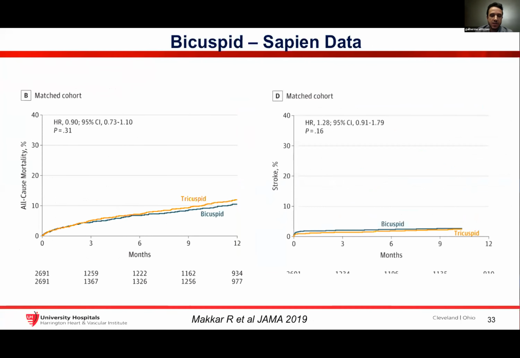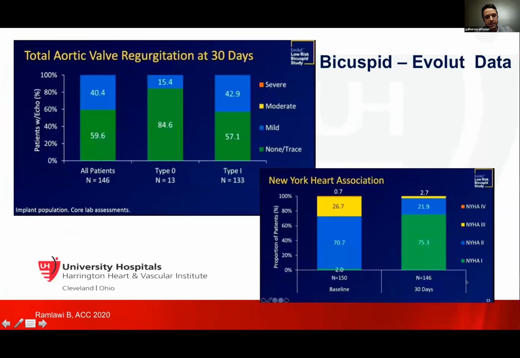Bicuspid valves, data that was presented previously here, just showing that this is the matched cohort of the TVT registry, showing good performance of the SAPIEN valve in terms of stroke and all-cause mortality over time. This is the data of Evolut. Also, this is a registry.